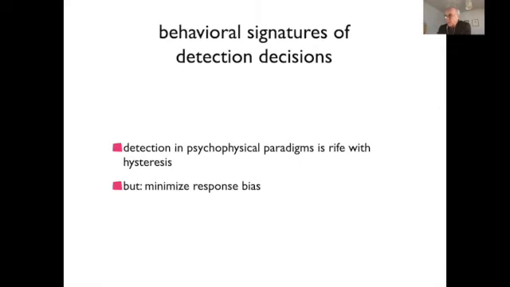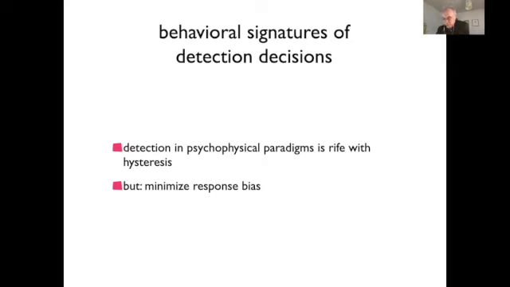Now, I wanted to go through two examples of empirical evidence for the self-stabilization of decisions that come from hysteresis. And I'll point to some difficulties of that.